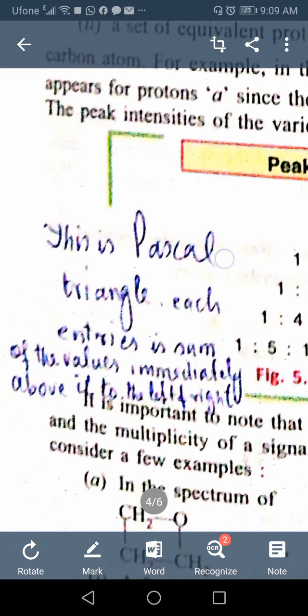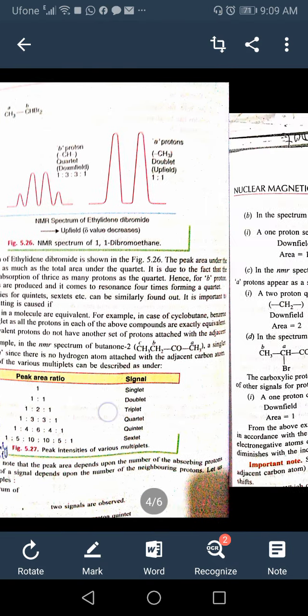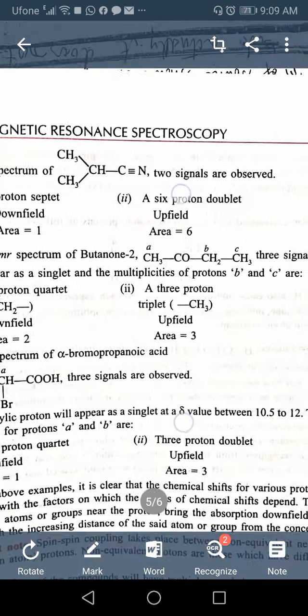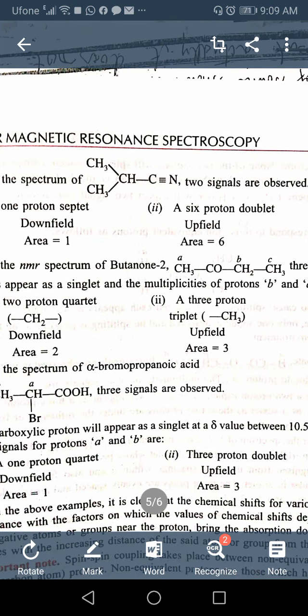You can see some examples here. How many equivalent sets of protons are present in this compound? 2 equivalent sets. CH3, 6 protons are of one equivalent set, 1 proton is of another equivalent set.